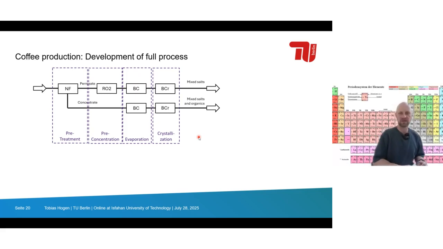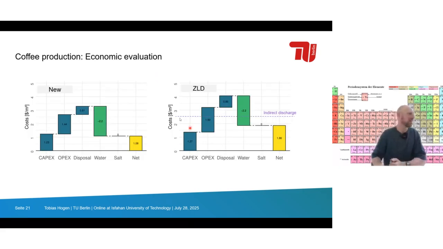Now the interesting question is, this was some kind of automatically or semi-automatically generated process from our abstract criteria. How does the cost chart look? It's here on the left-hand side. I just call it new process, and we see CAPEX and OPEX are quite low.